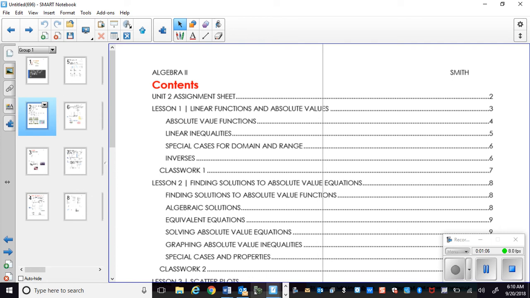Are they stopping? Are they bounded by limits? Things like that. Okay. So just an overview. There are 3 sections in this unit: linear functions, absolute values, which we're going to do today, finding solutions to absolute value equations, and then scatter plots. So that's where the statistics comes in when we're using information in a real world sense.